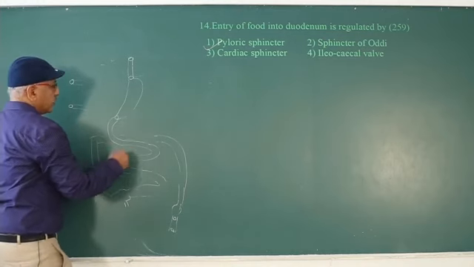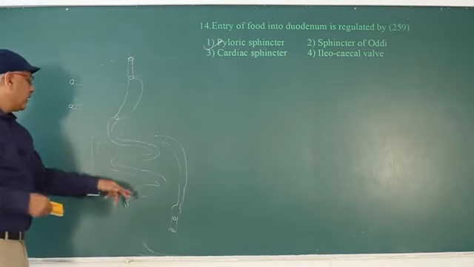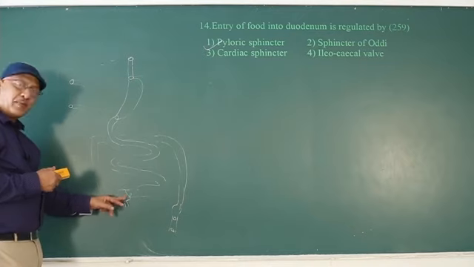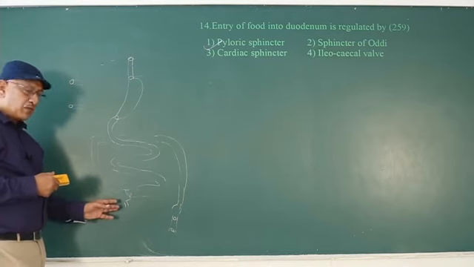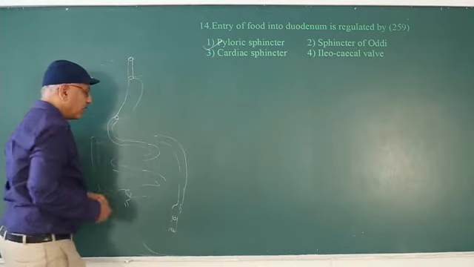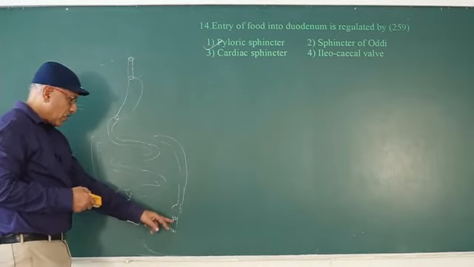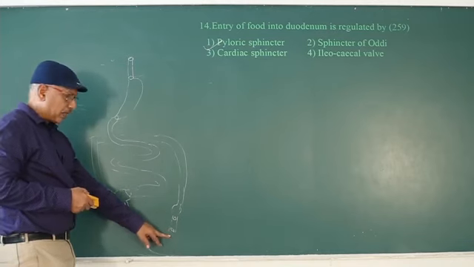Then duodenum, jejunum, ileum. Between the ileum and cecum is the ileocecal sphincter and ileocecal valve, which prevent the backward flow of food material. Finally, the anal canal contains the internal anal sphincter and the external anal sphincter.